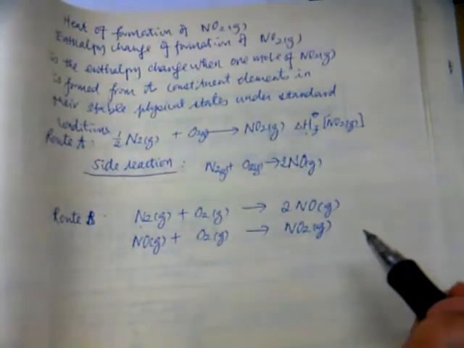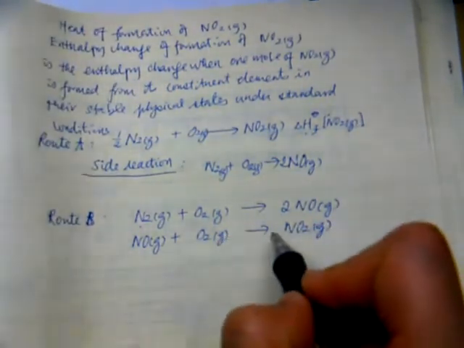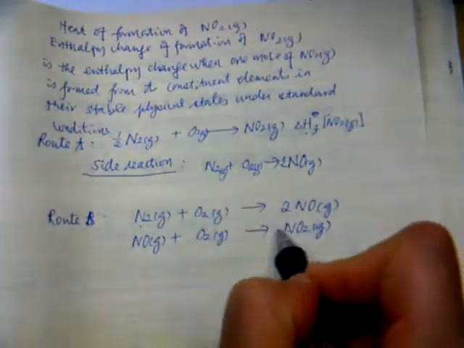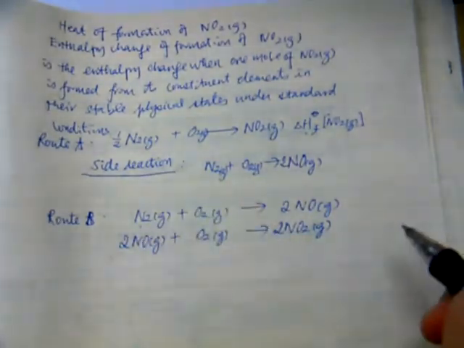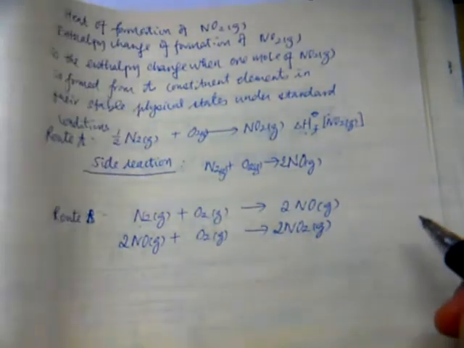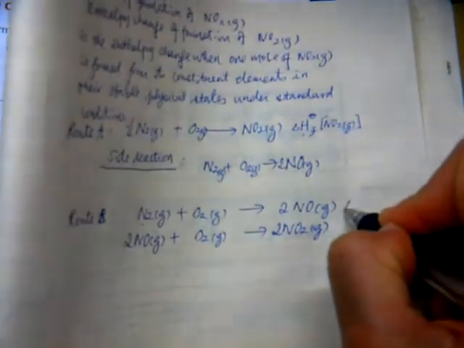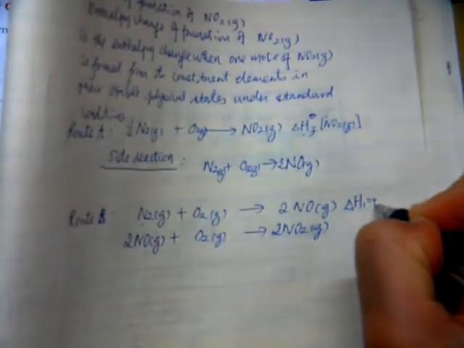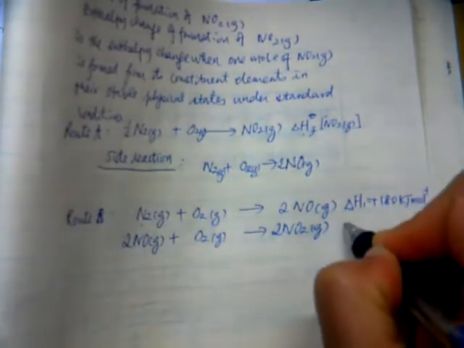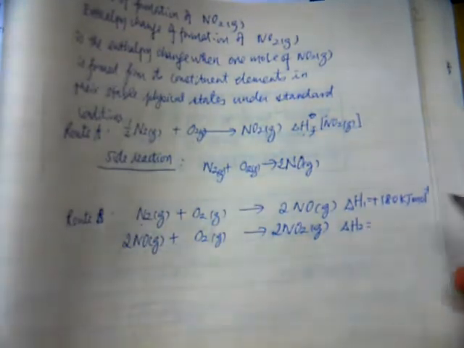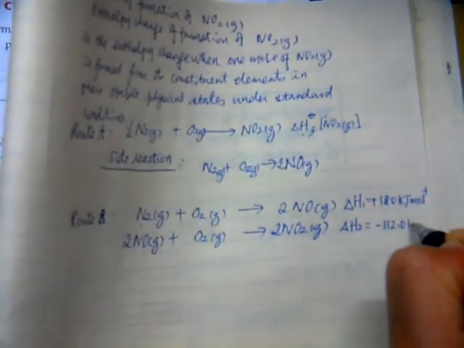Balance this equation, okay? Two and 2. Do you understand? The enthalpy change for the first step is 180 kilojoule per mole. The enthalpy change for the second step is negative 112 per mole.